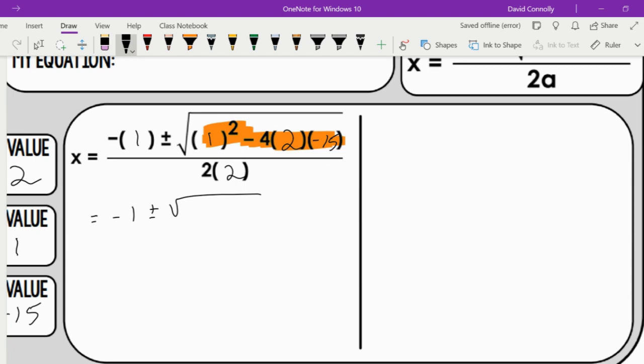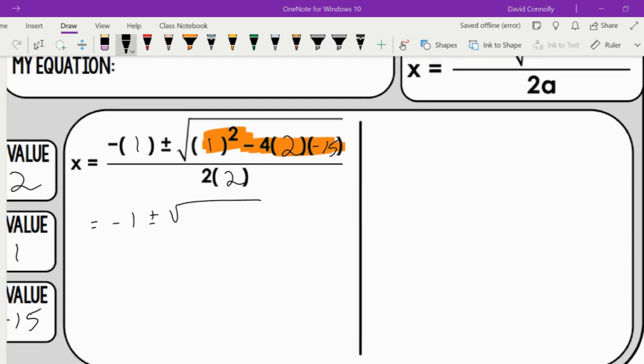So what you should have gotten is 121 over 4. I did simplify that bottom part as well.